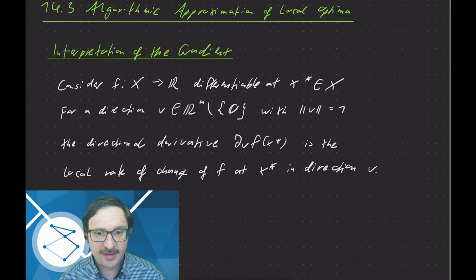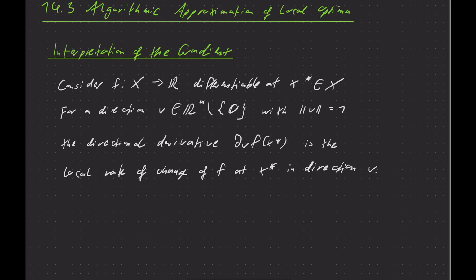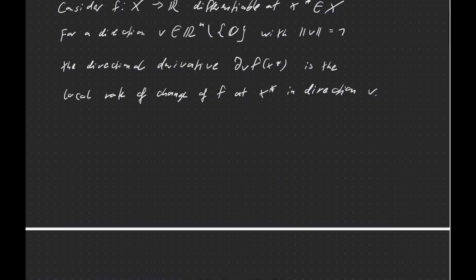Or if we want to minimize, then we'd like to find the minimum rate of change, meaning a negative rate of change if possible, and walk in that direction to get the function values lower as quickly as possible. So the question is now, how does it all compare to the gradient?